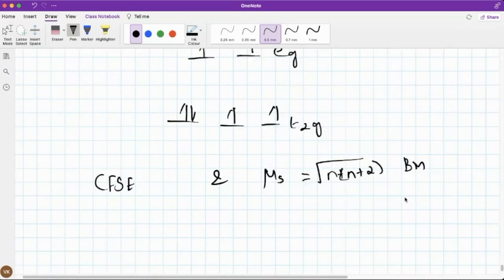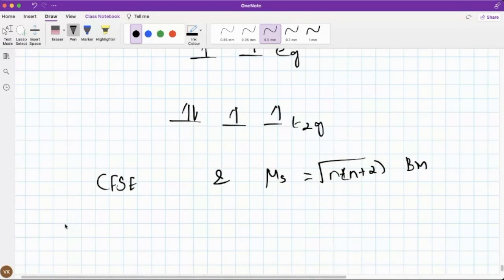And the crystal field stabilization energy for an octahedral complex, what is the formula? Minus 0.4 delta naught n plus 0.6 delta naught m, plus pairing energy.